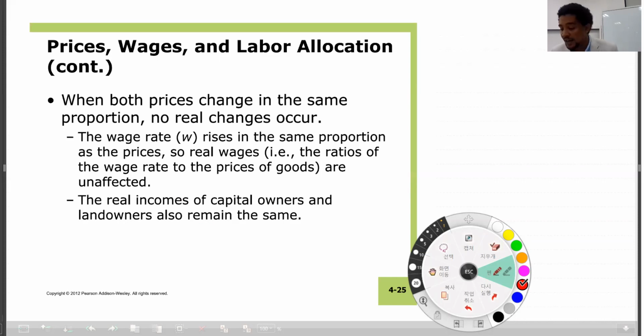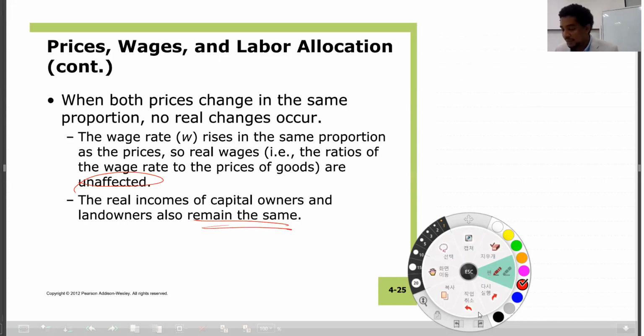So the wage rate rises in the same proportion as the prices. Real wage, that is the ratio of the wage rate to the prices of goods, is unaffected when there is equal change. The real income of capital owners and landlords remains the same.